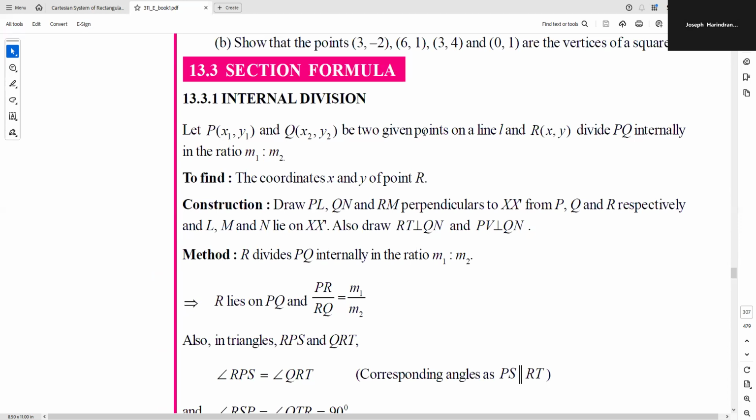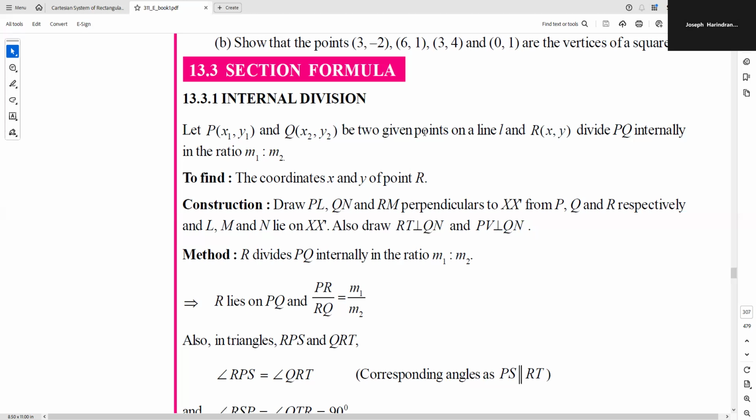It denotes the point of division of a line joining 2 points in a particular ratio, m1 is to m2. Let the ratio be m1 is to m2. And the point of division or the point of section lies in between the 2 points, then it is called internally.